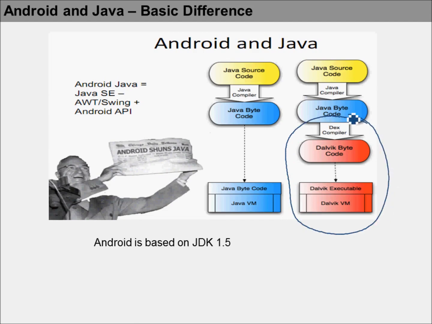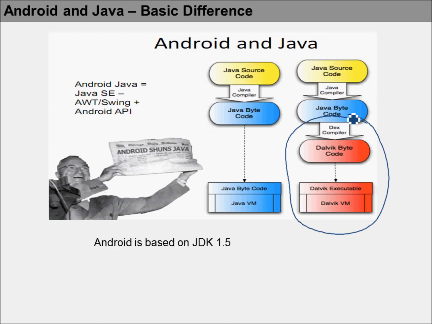What it says is that all Android APIs look like Java APIs. In fact, Android API is based on Java APIs. So what they have done is that in the Android Java API, they have taken some part of JDK and then they have added their own Android API, which is written again in Java, and they have made it Android API. So how do Java and Android differ?